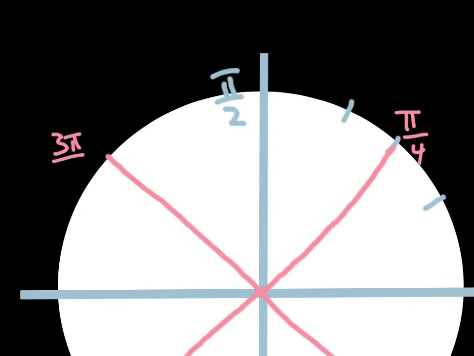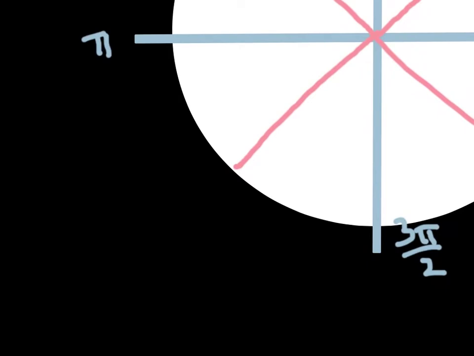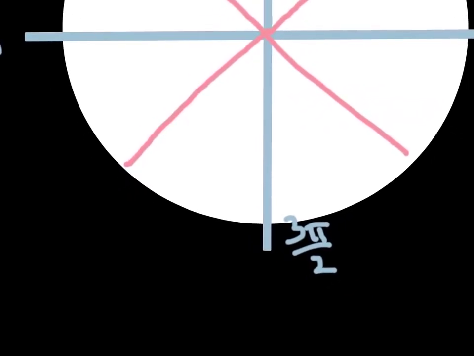And again, if you don't believe me, take 135 degrees and convert it into radians. So 3 pi over 4, pi would be 4 pi over 4. This one, 4 pi over 4, 5 pi over 4, 6 pi over 4, check that that reduces, 7 pi over 4, and check that 8 pi over 4 reduces to 2 pi.